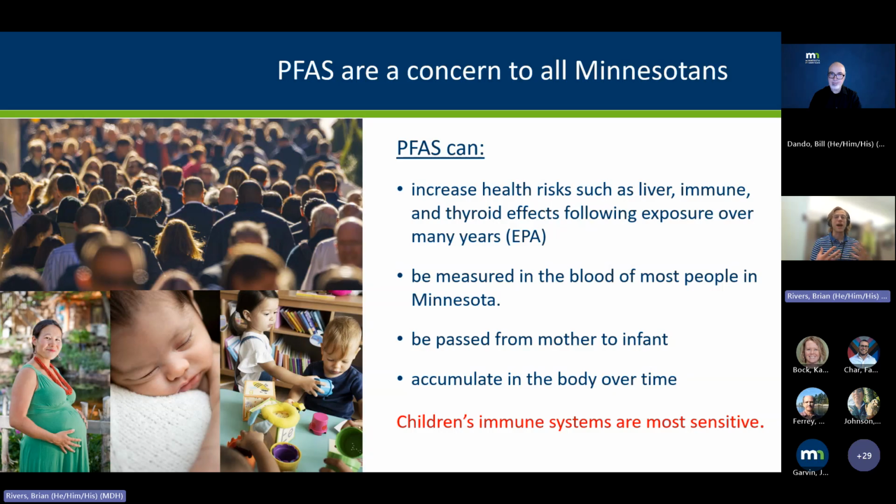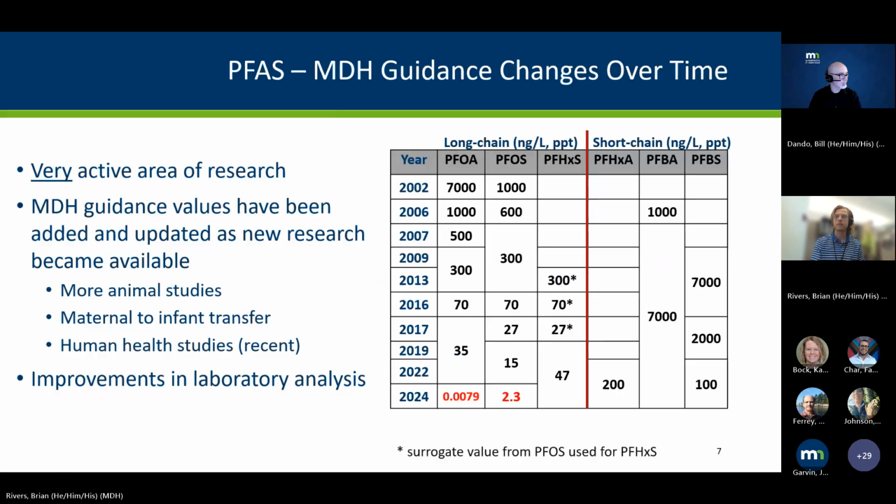And so PFAS can be passed from the mother to an infant, as well as during placental transfer. So there's plenty of impacts for younger people. And because that carbon-fluorine bond is so strong, these compounds can accumulate in the body over time.